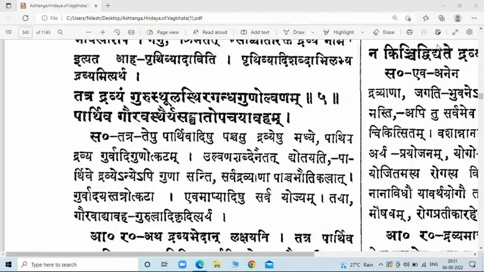Vibhagastu vibhaktih syad. Viyogo bhagashograha. So it can be vibhagaha tu vibhaktihi. Vibhakti is separation actually. Split, that relation is broken. It is split. Vibhajanam.